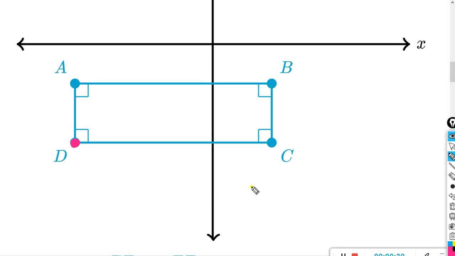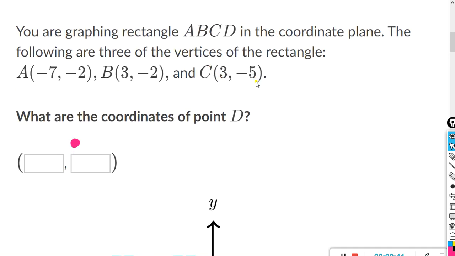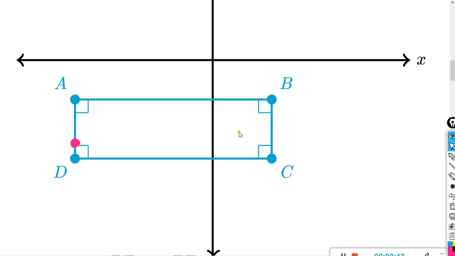All right, and I am going to write the coordinates for C and A and match them up to point D. The coordinates for C are 3, -5.